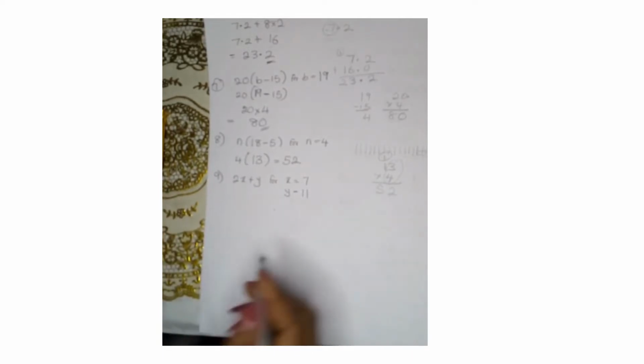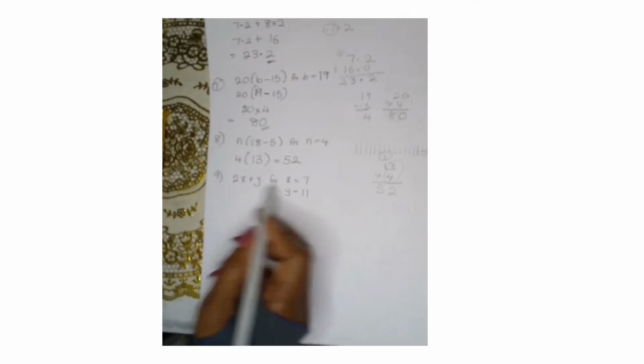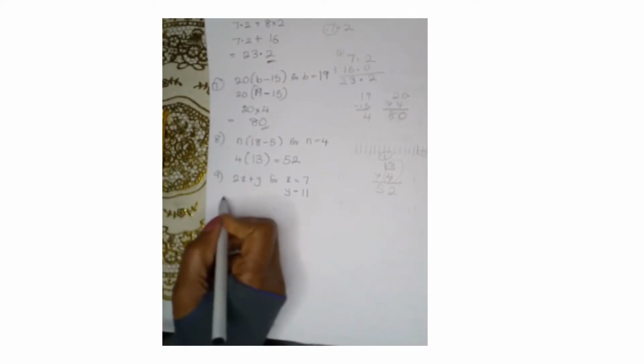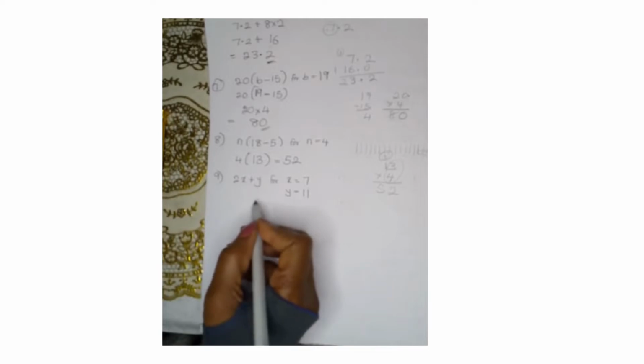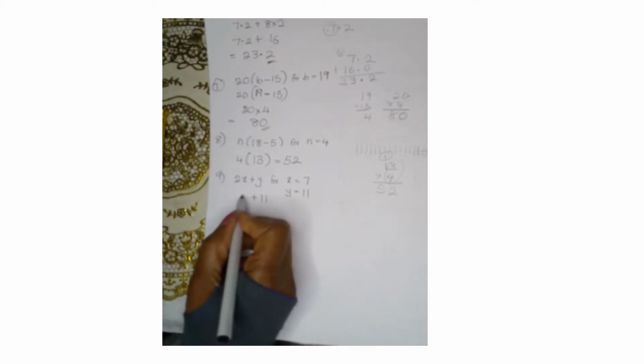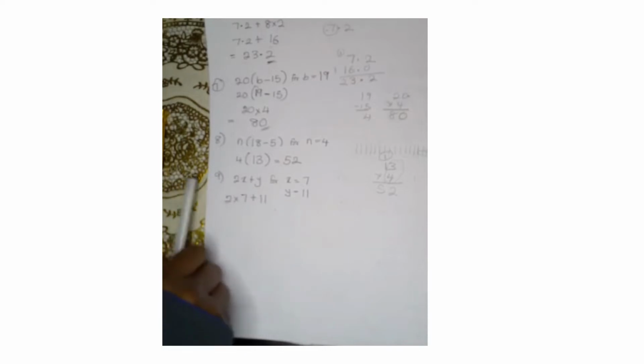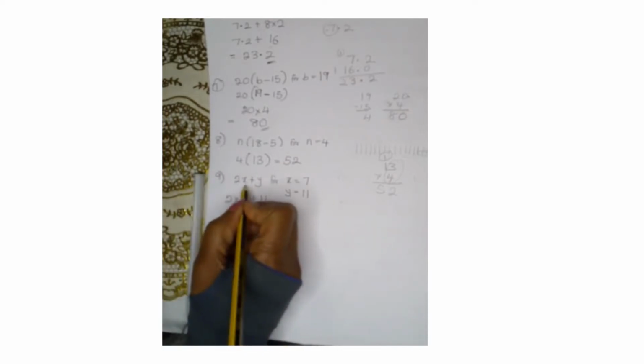This means anywhere you see y, you put 11, and anywhere you see x, you put 7. So let's do it. Our y is 11. Plus our x is 7. See, there is no space in between, which means you're going to multiply.